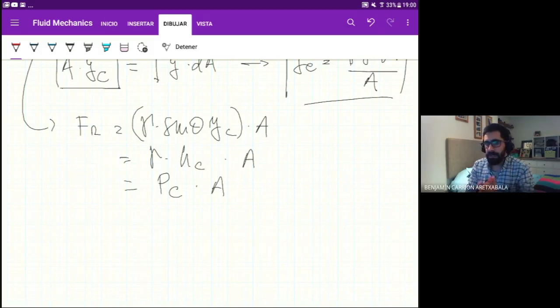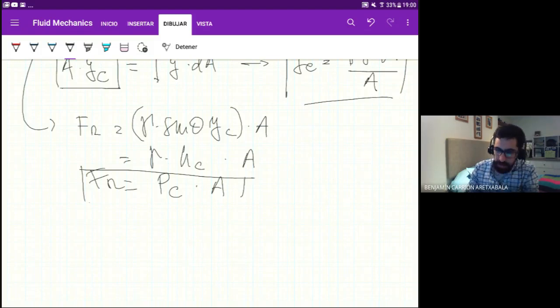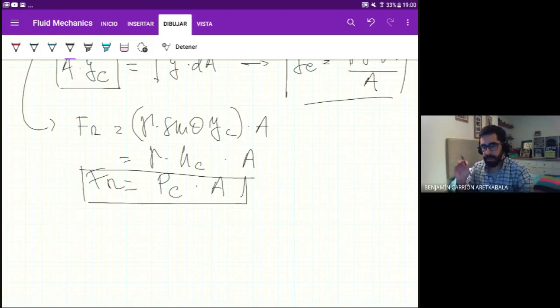But again, let me stress this: you don't need to memorize this formula, as long as you understand that the total force is just the integral of each individual small force. If you keep that in mind, then you will be able to solve any problem.